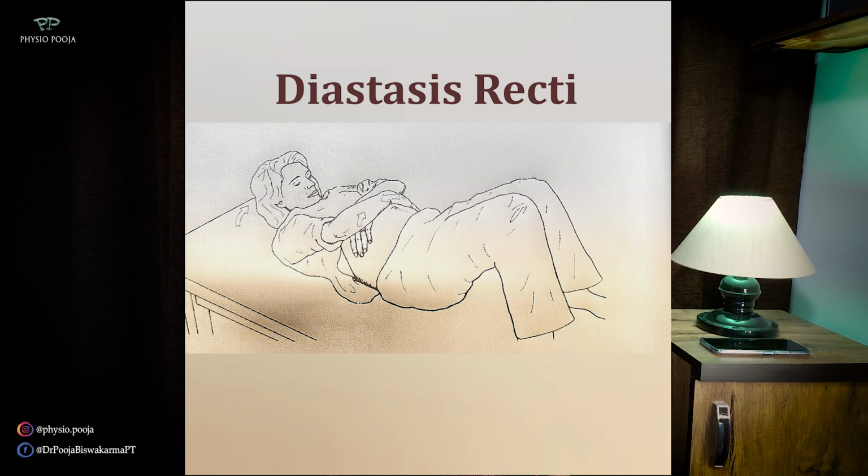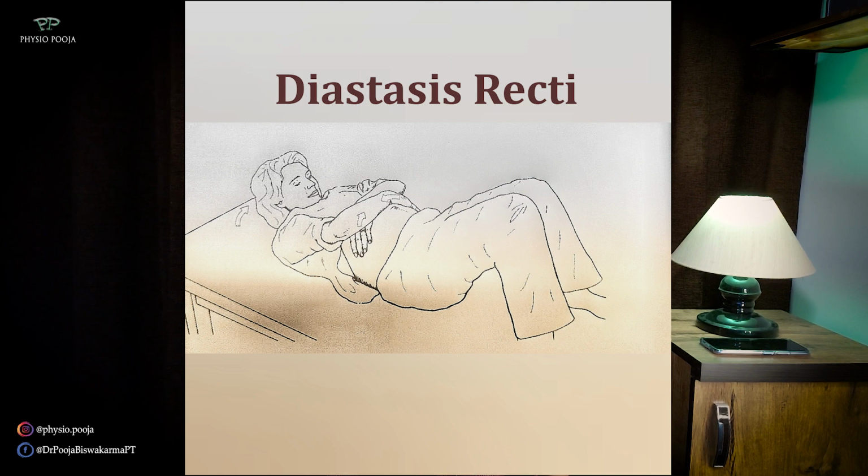For diastasis recti, the woman will lie in hook-lying position with her hands crossed over the midline at the level of diastasis for support. Have the woman exhale and lift only her head off the floor. At the same time, her hands should approximate the rectus muscle towards the midline.